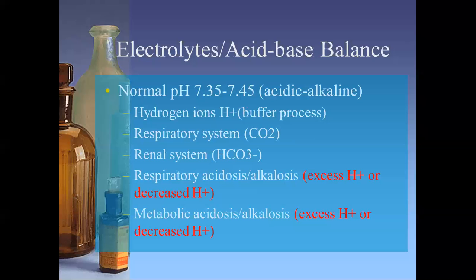So when you have increased respiration, it causes the removal of CO2 from way down in the alveoli, and that makes it less carbonic acid. But when you have decreased respiration, it keeps the CO2 in your blood, and that causes more carbonic acid.